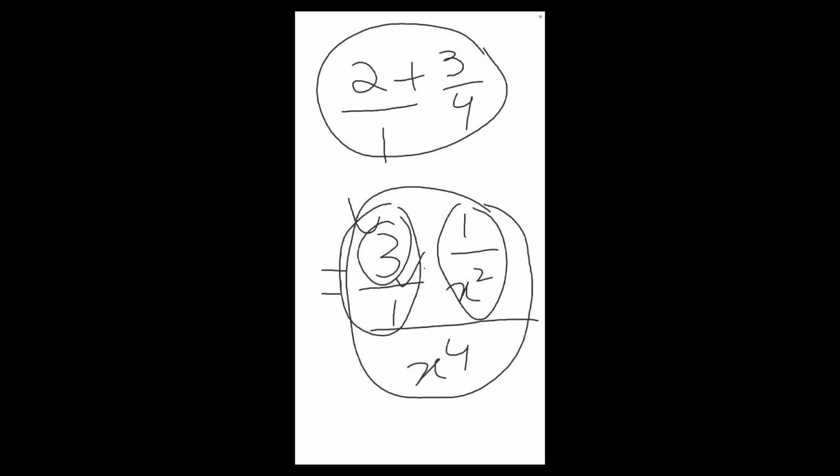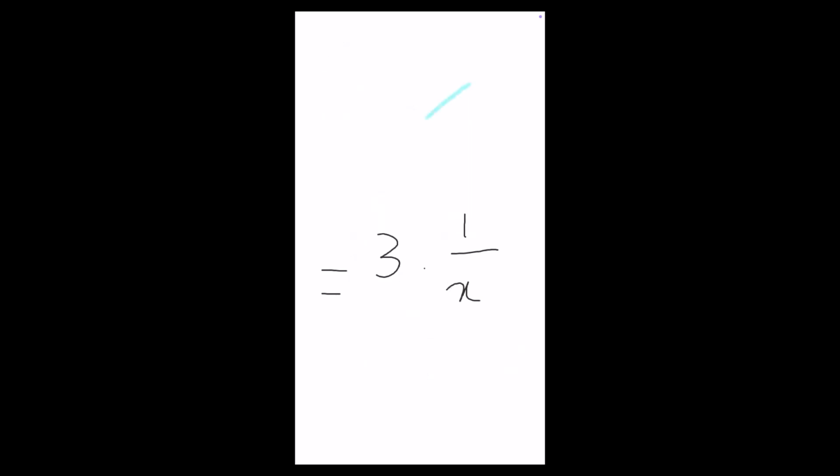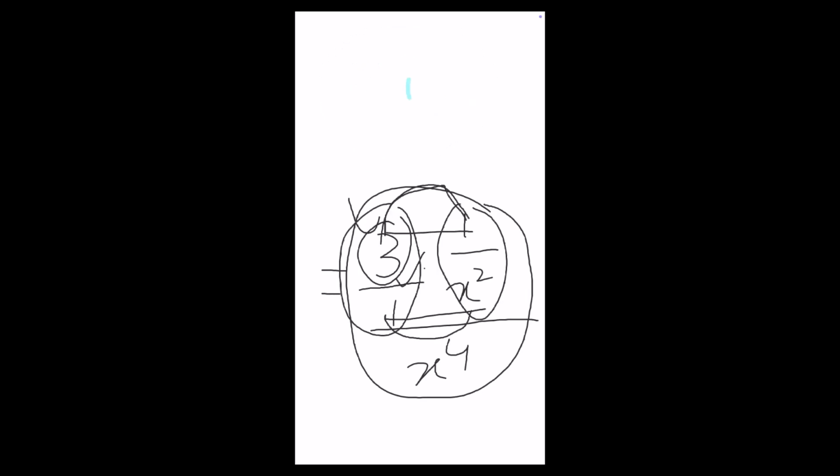Now see, this 3 will be multiplied with 1 and this x square will be multiplied with this one. See the direction, the straight directions are going. 3 will be multiplied with 1 and 1 will be multiplied with x squared. So what will it become, can you tell me the answer?